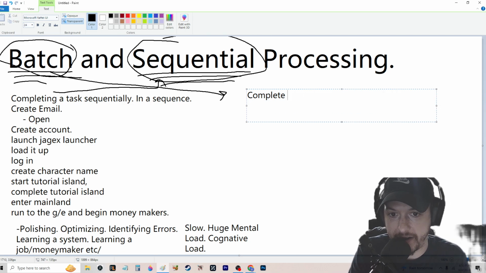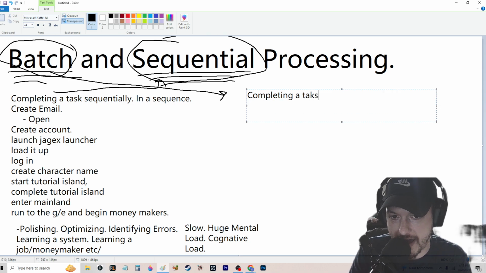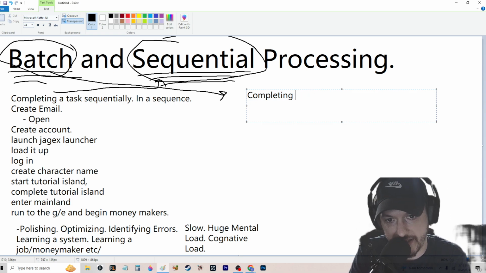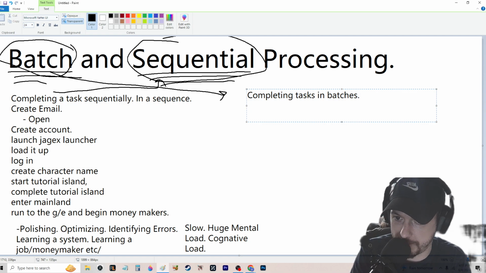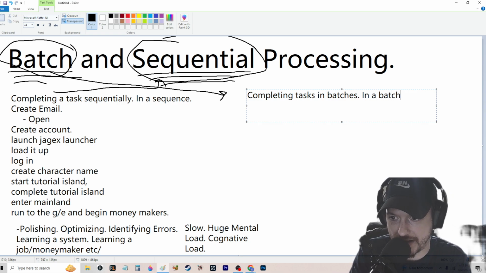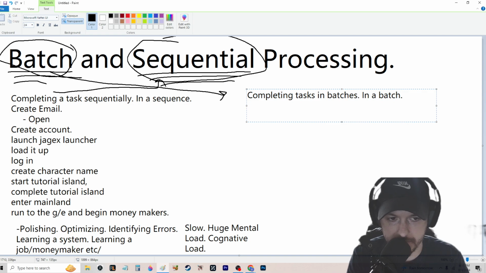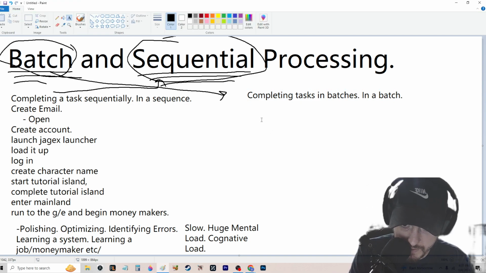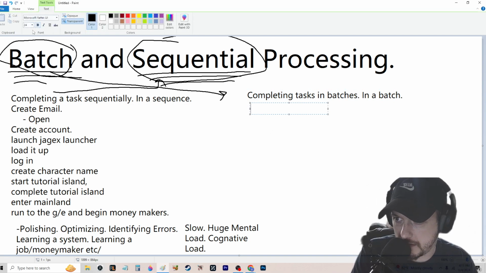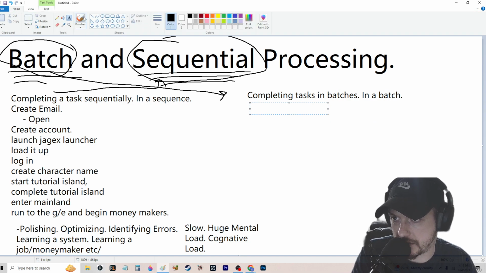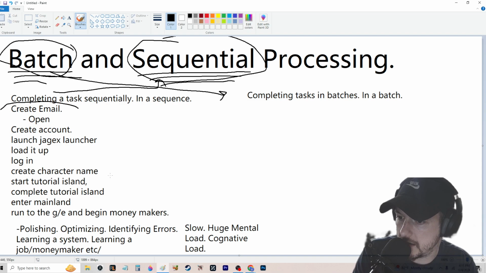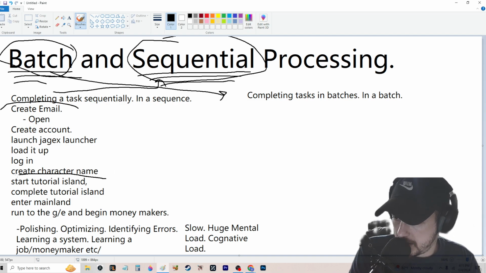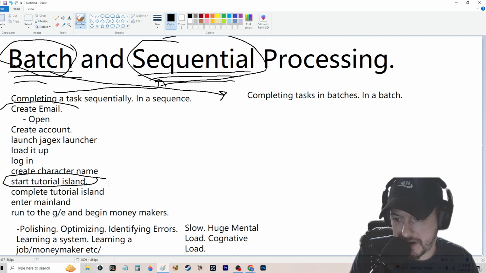The no-brainer: completing tasks in batches, in a batch. This is why I needed to do this in this order. Say you're comfortable with your tutorial island segment of your task over here.